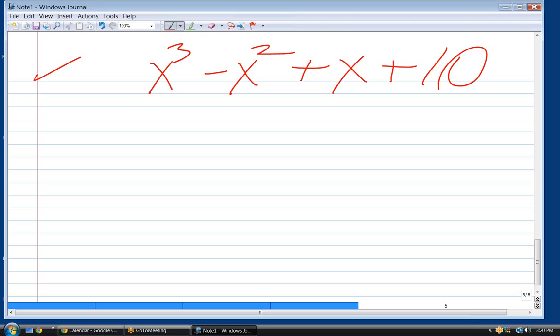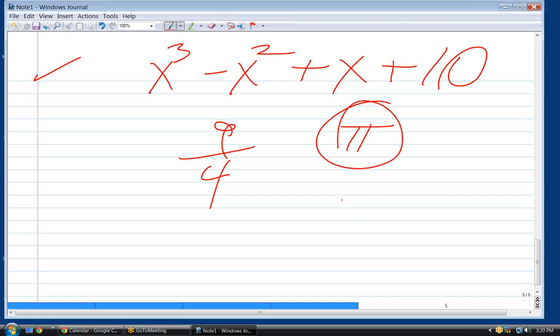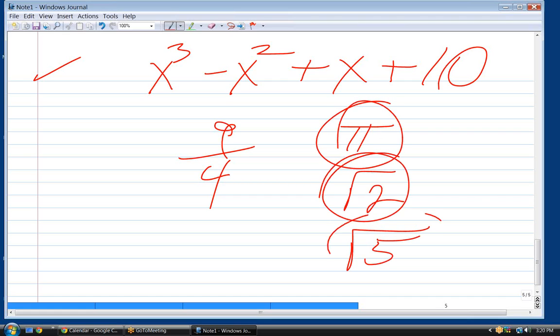The rational factor theorem says that if one of the zeros is rational, you know what rational means, right? As opposed to irrational? Like a real number? No, not quite. Rational means it can be a fraction. That's a rational number. That is not.